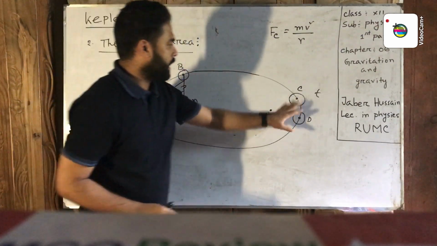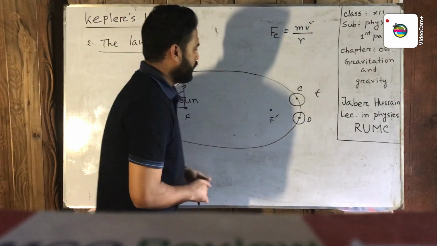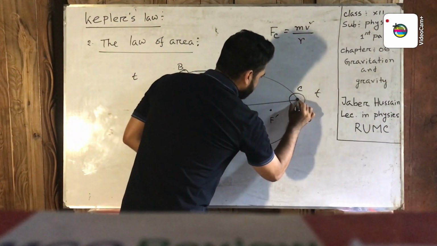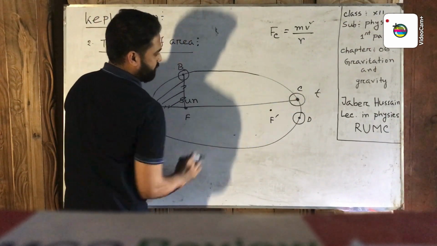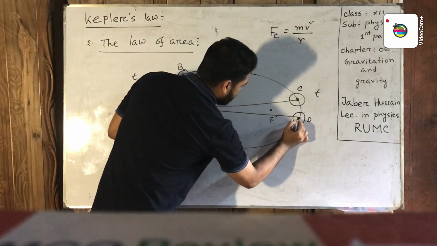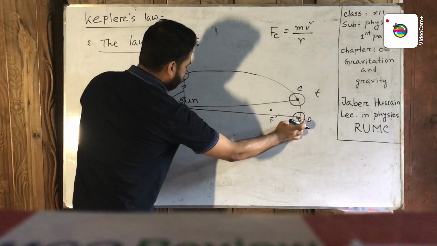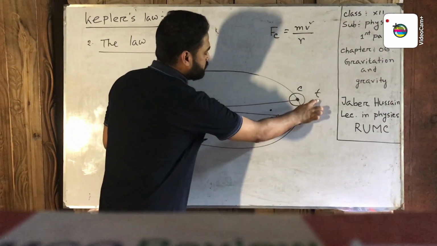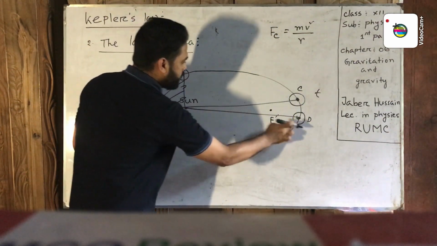On the other side, at the same time t, at the point C, the joining line between planet and sun is CF. At the point D, the joining line between planet and sun is FD. Now, the area covered in t time in this region is CFD.